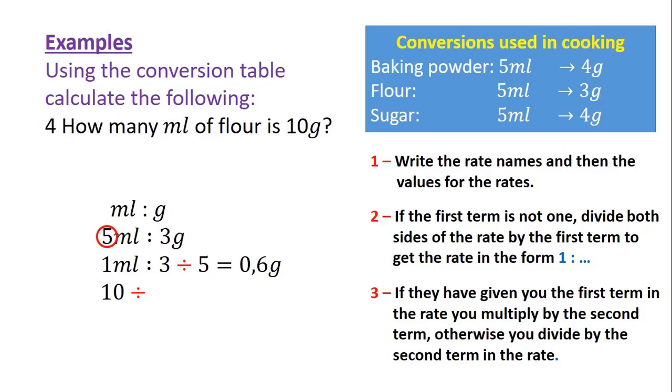How much do we divide by? Our 0,6. We put that in our calculator and we get 16,67 milliliters. 16,67 milliliters is the same as 10 grams of flour.